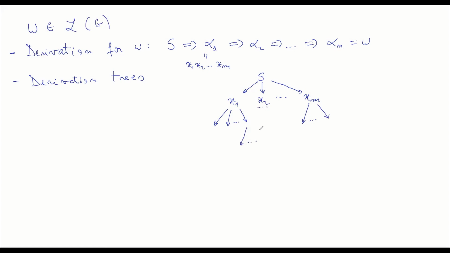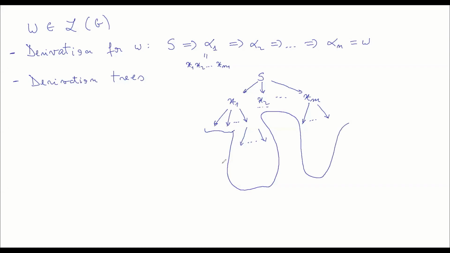But we just continue with these, and at the end we check the produced word by checking all these terminals that we have in the different parts of the tree. So we are going to check all these symbols that are here at the leaves of the tree.